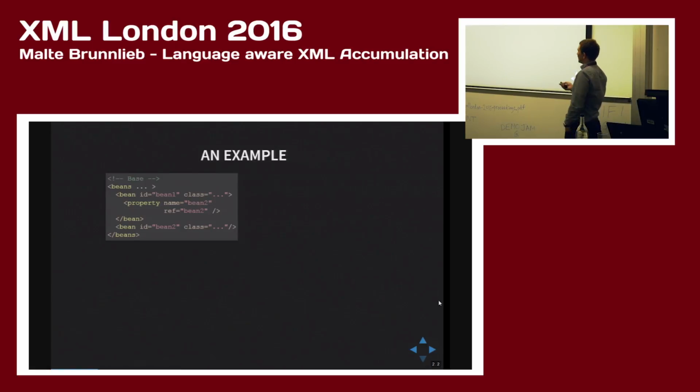You have bean declarations for each class, which should be interconnected by the Spring component framework. Such a bean declaration might look like this. Here we have two beans, bean 1 and bean 2, and bean 1 has a property, so it has a dependency on bean 2.